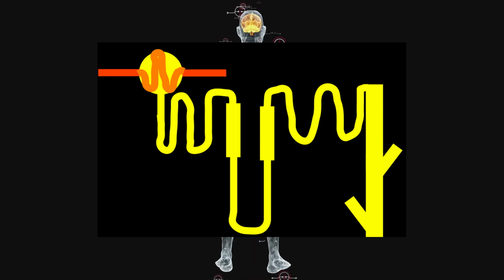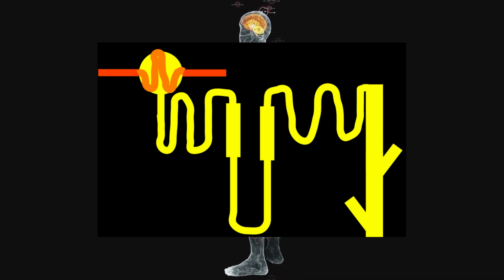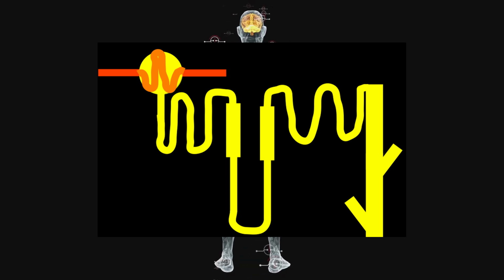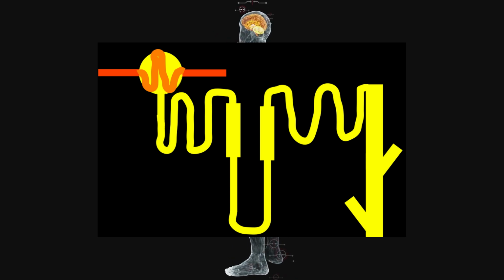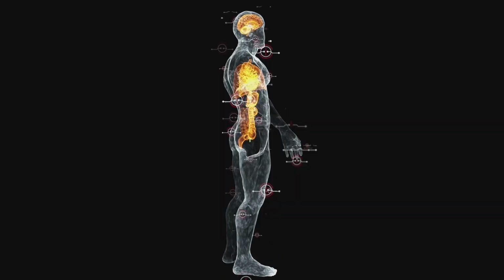This is done by using particular channels. And by doing so, you're able to put metabolites or waste products or drugs into urine. And this is how the body gets rid of them. It doesn't pass through at the start of the process, unless it's a small drug molecule. Instead, it's added later on.